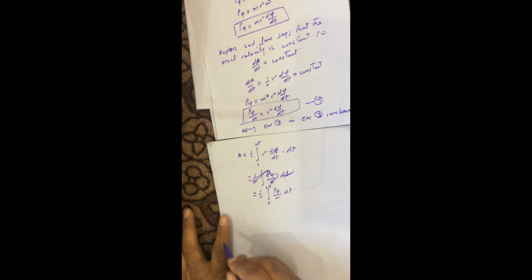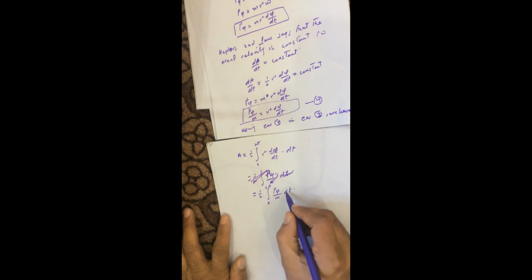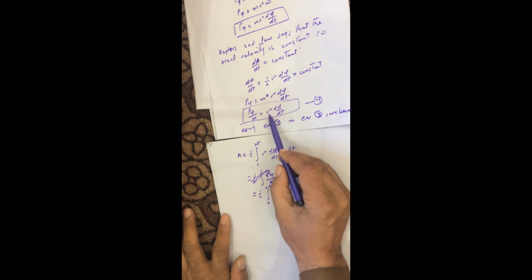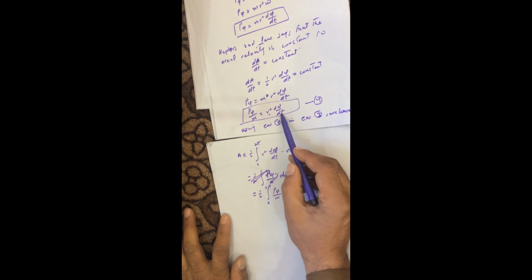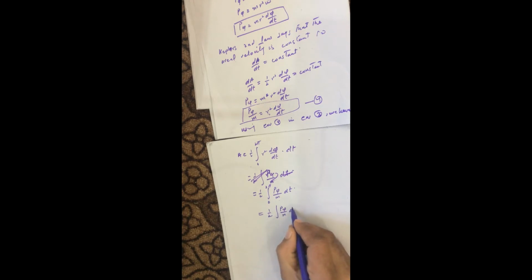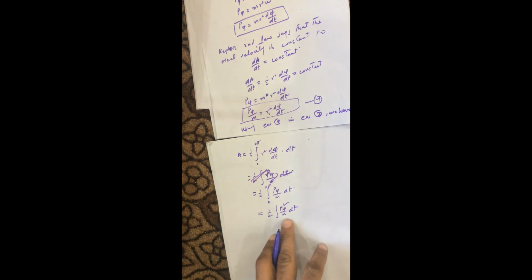But here we eliminate r from this equation and also phi from this equation. Now the limits of integration also change. So we have 1 over 2 integral of p of phi divided by m into dt. Now this is the angular momentum, which is constant, and also the mass of the electron is constant.